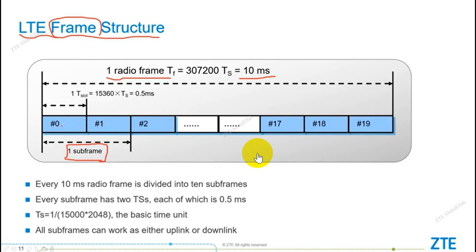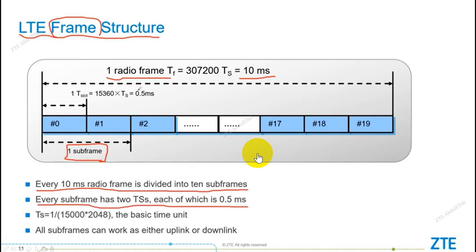So we can see here, every 10 millisecond radio frame is divided into 10 subframes, so each subframe is 1 millisecond. Then every subframe has 2 time slots, each of which is 0.5 millisecond.